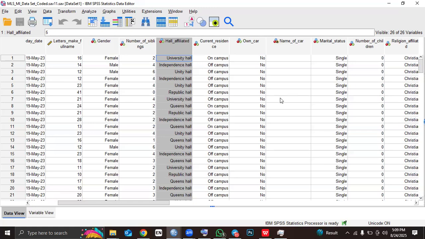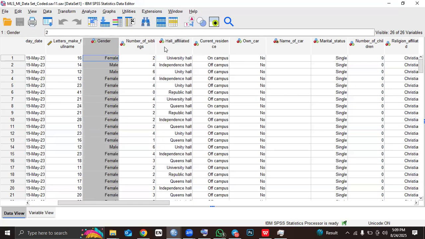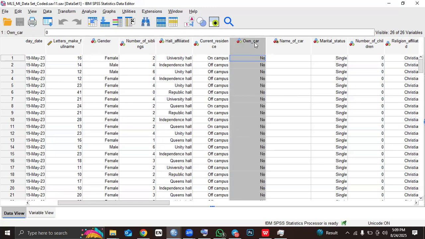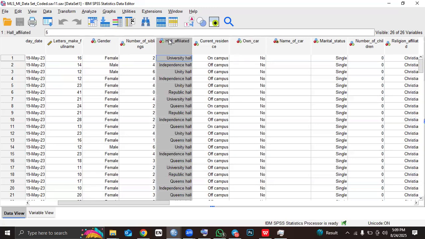Just that in this situation, we are using it to answer a different question. So in our chi-square of independence, we were testing between gender and owning a car, whether a specific gender is associated with owning a car. And now we are testing gender and hall affiliation.